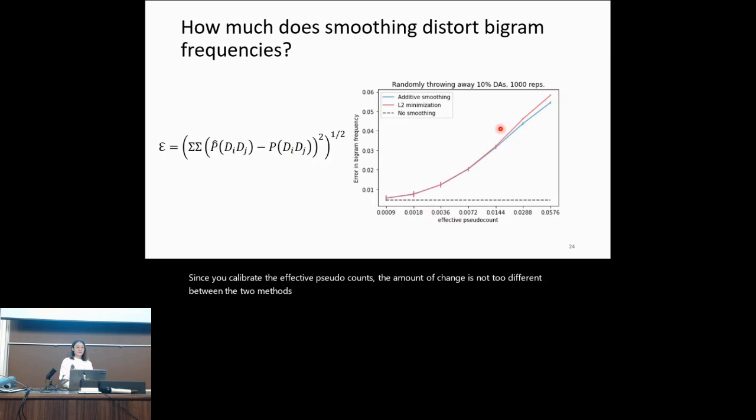Whereas you fix the amount of probability mass moved, the two methods can move different bigram frequencies to different other bigram frequencies, and so there's a difference in error when the effective pseudocount is quite large.